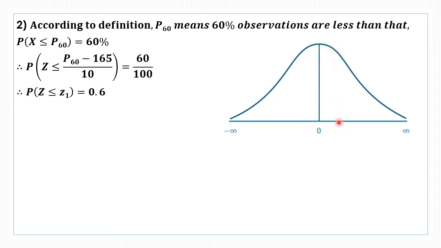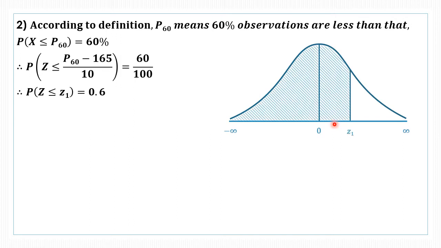So 0.6 will end somewhere here. That would be the z1 point. This is the whole area which I am going to highlight for showing the area 0.6. So it is negative infinity to 0 and 0 to z1, and the total is 0.6.